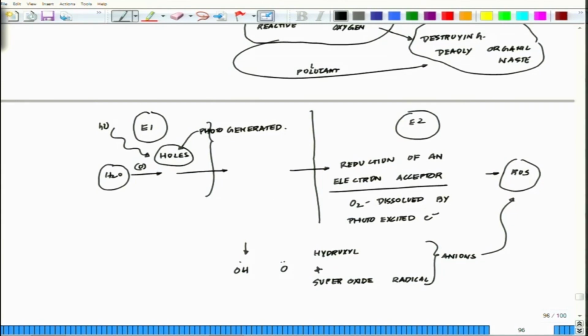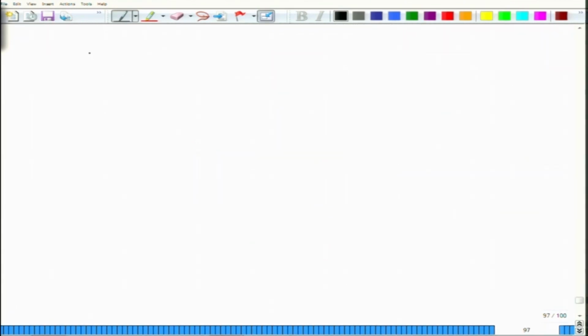It is clear that photocatalysis implies photon assisted generation of catalytically active species rather than the action of light as a catalyst in a reaction. This part is important to understand.